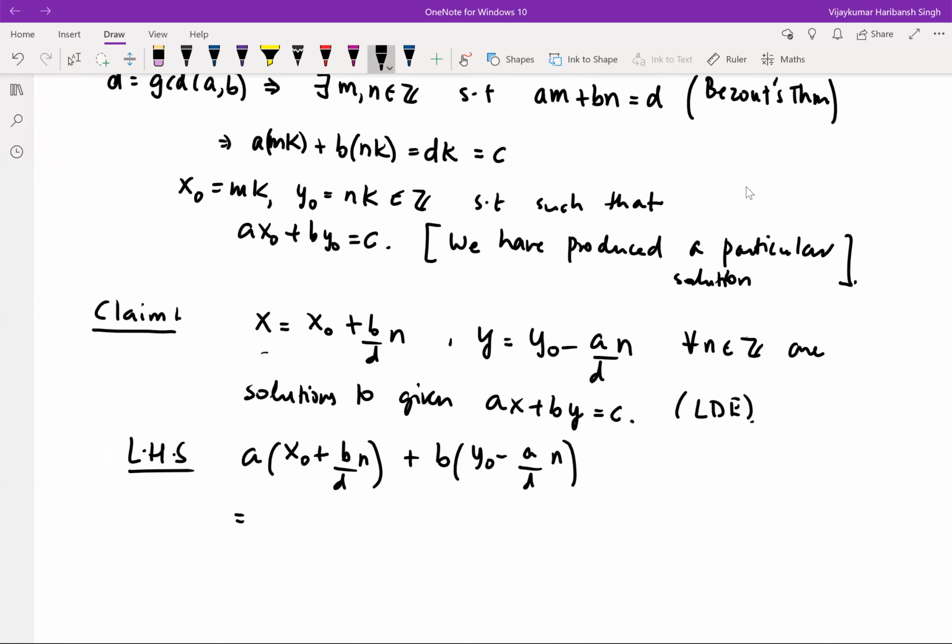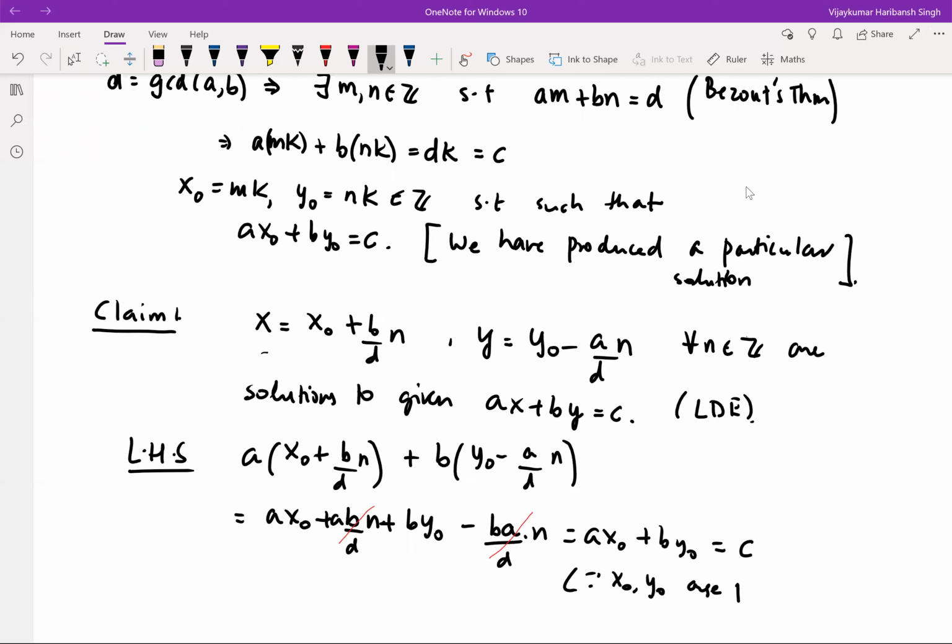If you multiply it out, you get ax naught plus b by d times n times a, plus by naught minus b times a by d times n. These will cancel out and you get ax naught plus by naught. But that is C, since x naught and y naught are particular solutions.